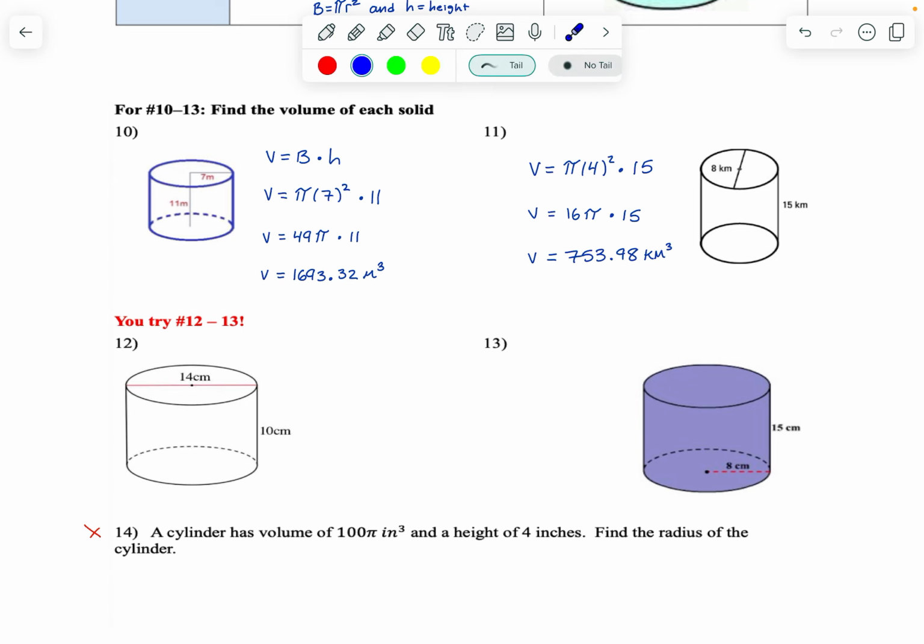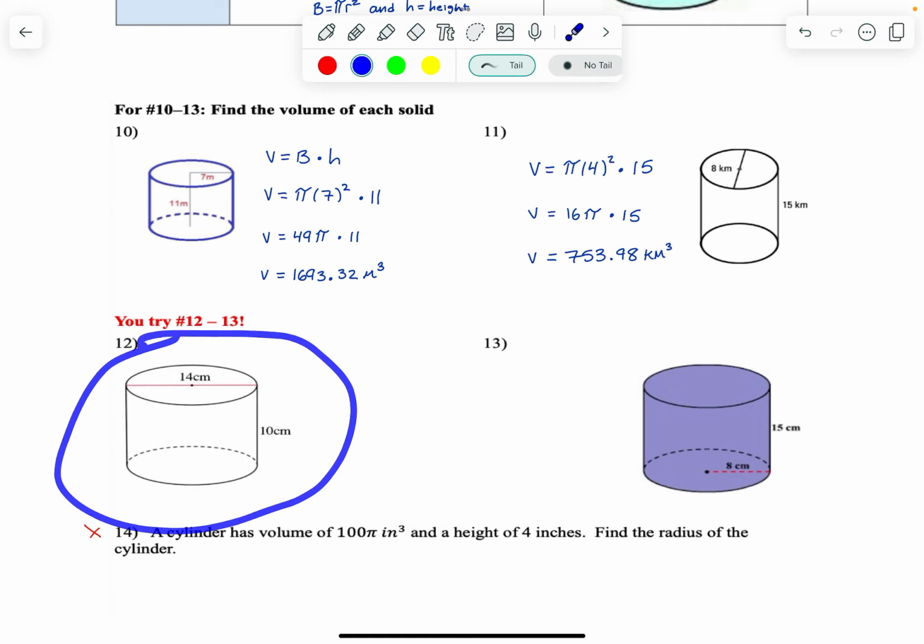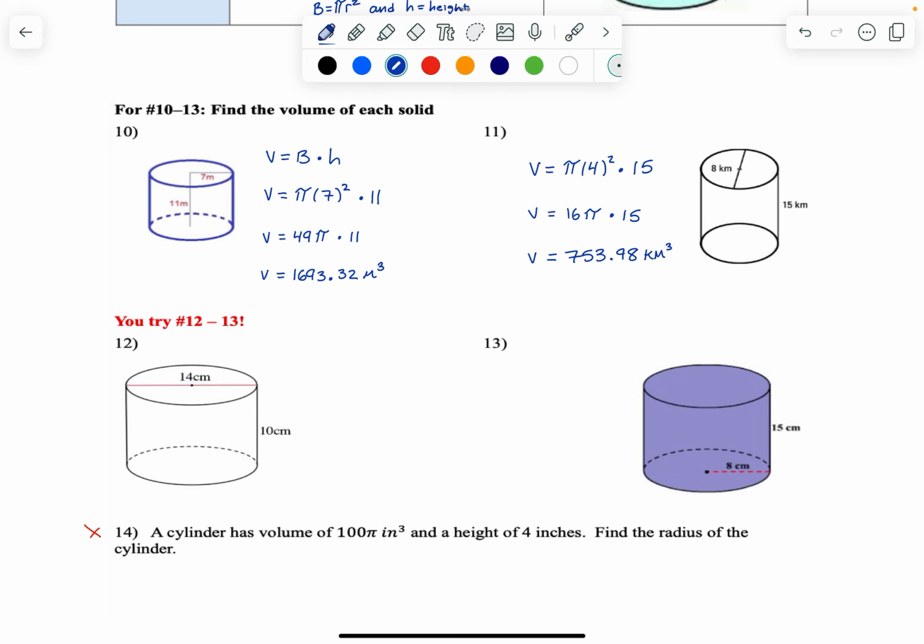Next two examples are the same thing. Problem 12, if you're going through it, make sure that you are not using the diameter. Take a moment right now, go through those. Pause the video if you have to.